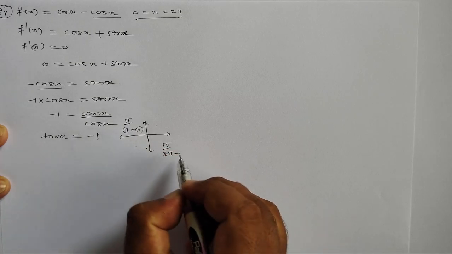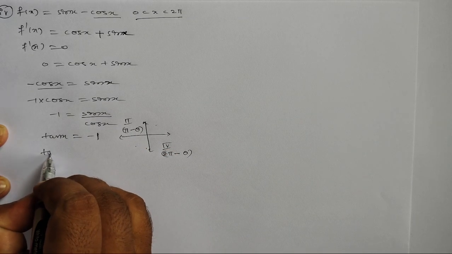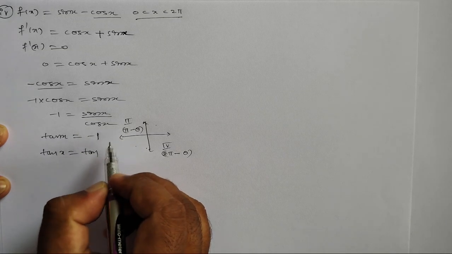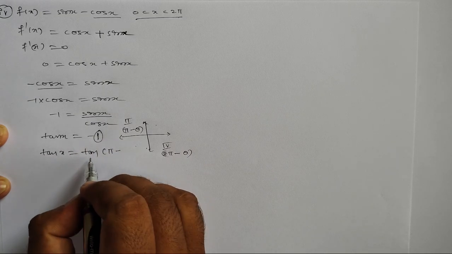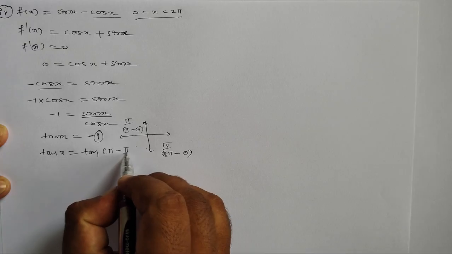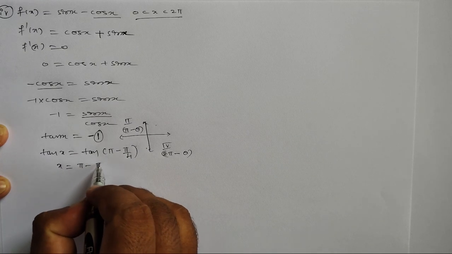Pi minus theta, 2 pi minus theta. So find the value. Tan x is equal to tan; in the second quadrant it should be negative, pi minus, and tan is 1 when the angle is pi by 4. Then x is equal to pi minus pi by 4.